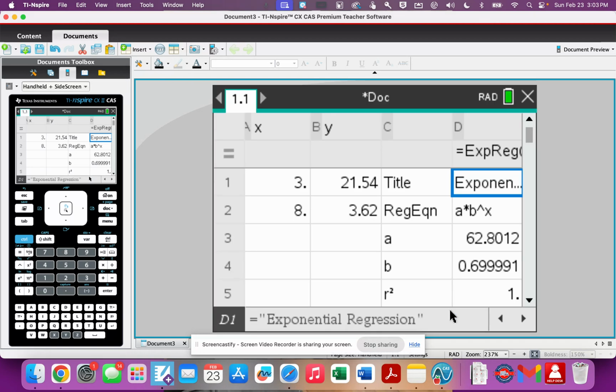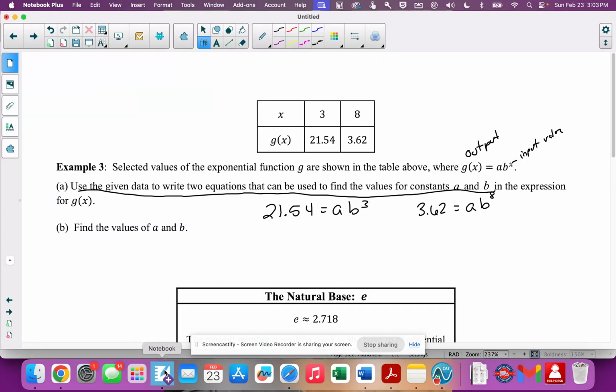Equation is done. And we are going to round to 3 places as far as what your values for A and B are. So the actual equation, find the values of A and B. A was 62.801, and I have no doubt if you put this in Desmos, it would have come up with the same thing.